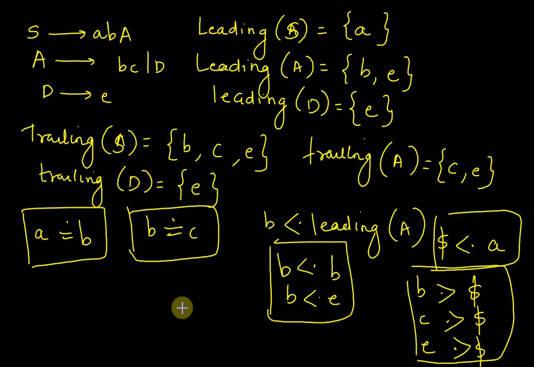Now let's create the parsing table. When we want to construct the parsing table, first we write the different terminal symbols given in this grammar. So write in row and column A, B, C, E, and the special symbol, that is dollar.